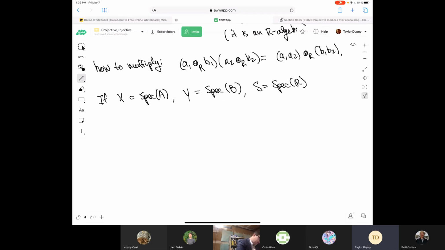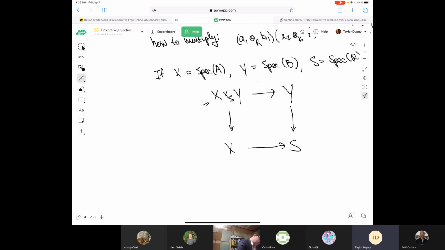Okay, so we have X mapping to S, and Y mapping to S in the category of schemes. And up here we have the fiber product, as you guys remember. So this is the fiber product.